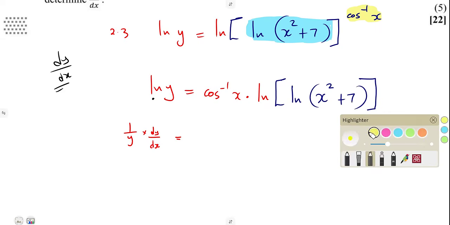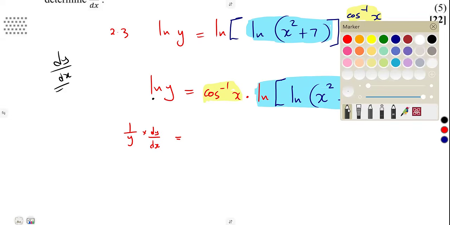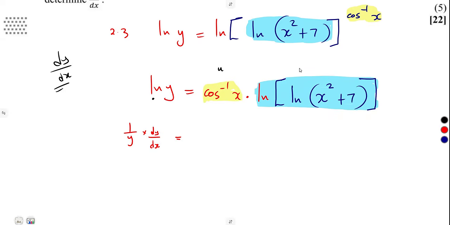The first term being the arc cos of x here. This is a term on its own. And the second being the ln of this whole part that we are given here, which is going to make it a product of two terms. So you have to consider the product rule. So this is our u and this is our v. So guys, remember our product rule.